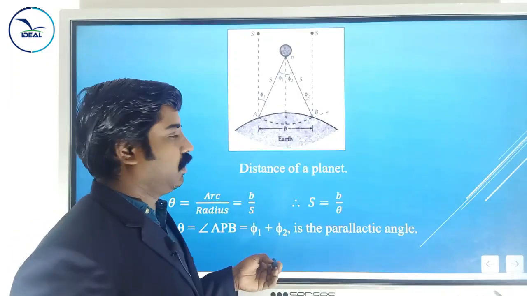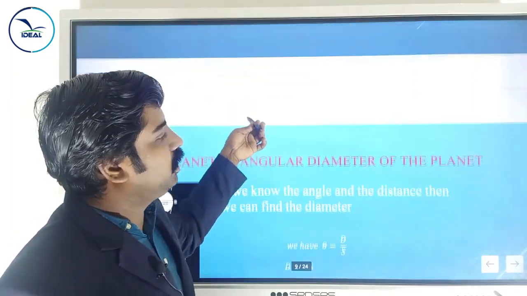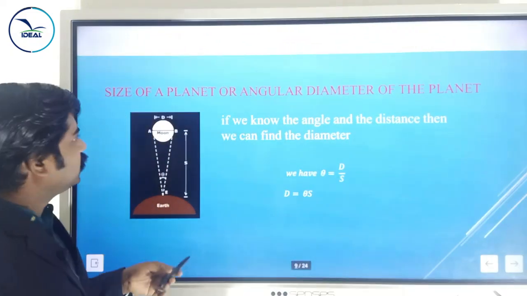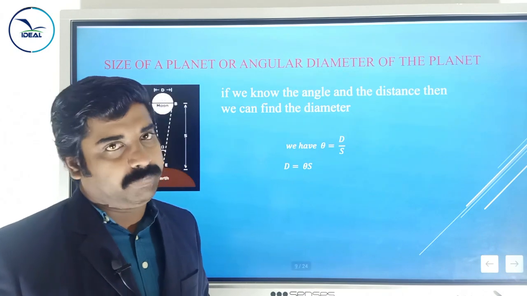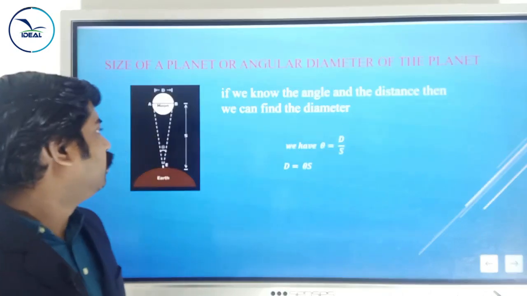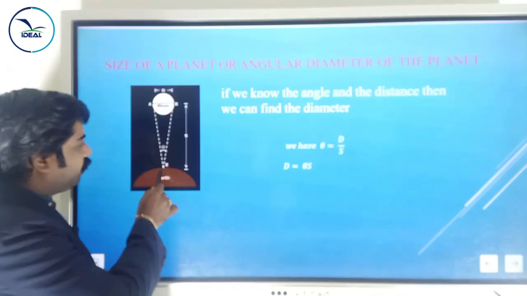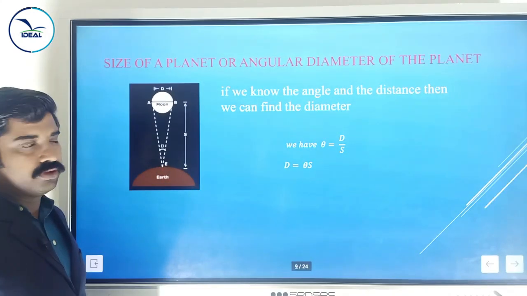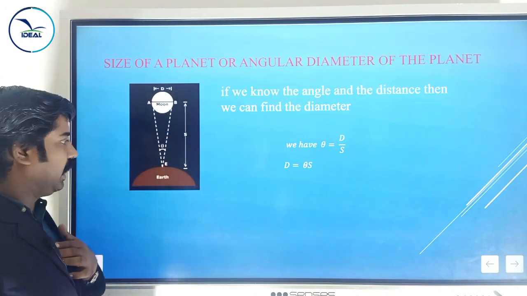Our next topic, how we are finding the diameter of a planet, size of a planet or angular diameter of a planet. So for that we want to observe that planet from one point. If this is a planet or moon, like this.